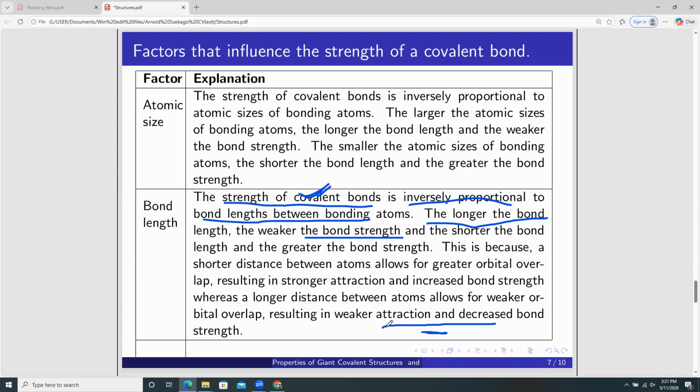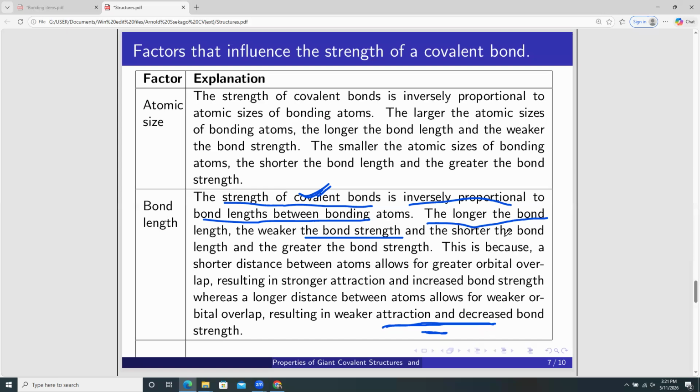It is what I've been saying here. If you have a bond which is long, it is exposed. A bond which is exposed is weak. You can easily break it. It's like you have very many points of hitting it as compared to one which is short.